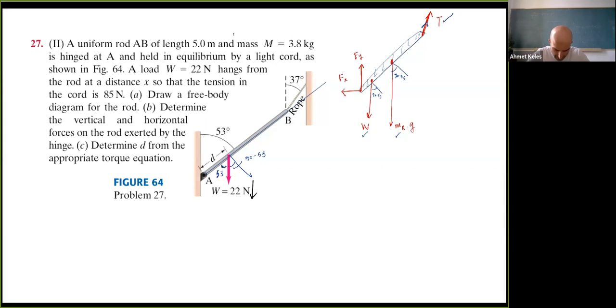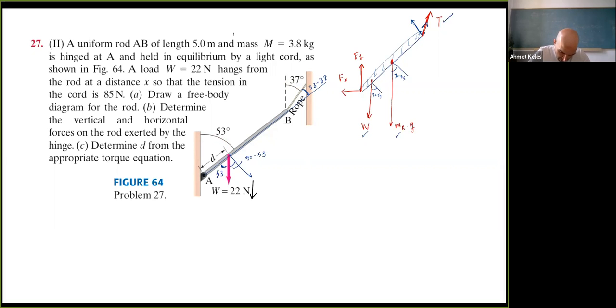So I know if this one is 53, this one is also 53, then here this little angle is 53 minus 37. And the perpendicular is calculated with respect to that angle.